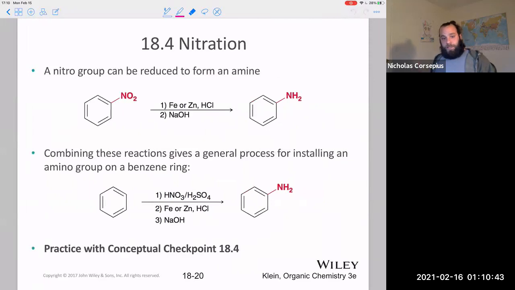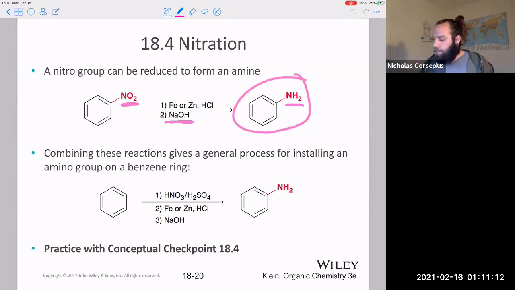One last reaction that I want to talk about, because it's going to be super duper important in this chapter. It's not an actual electrophilic aromatic substitution reaction. It's actually just how we reduce a nitro group to aniline. And that is by either using iron or zinc in the presence of acid and then following up with NaOH. And notice that that goes from being nitrobenzene to a reduced group here. Do we remember what we call this? One of these benzene derivatives.